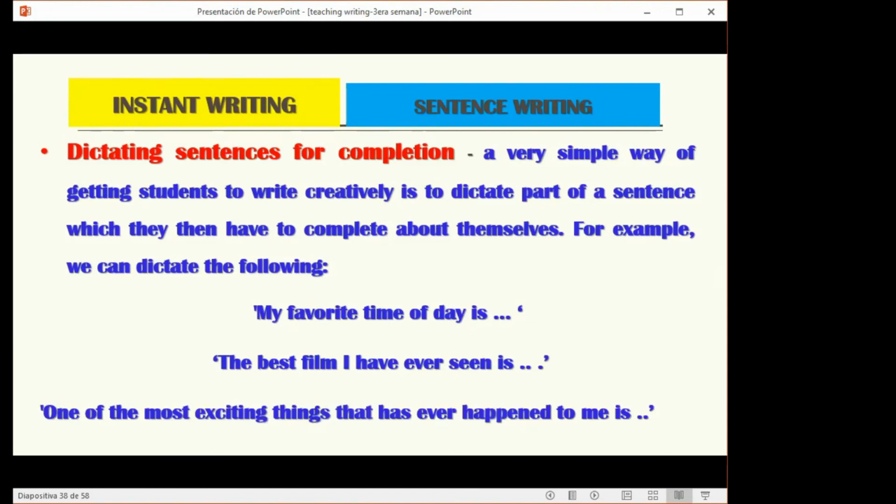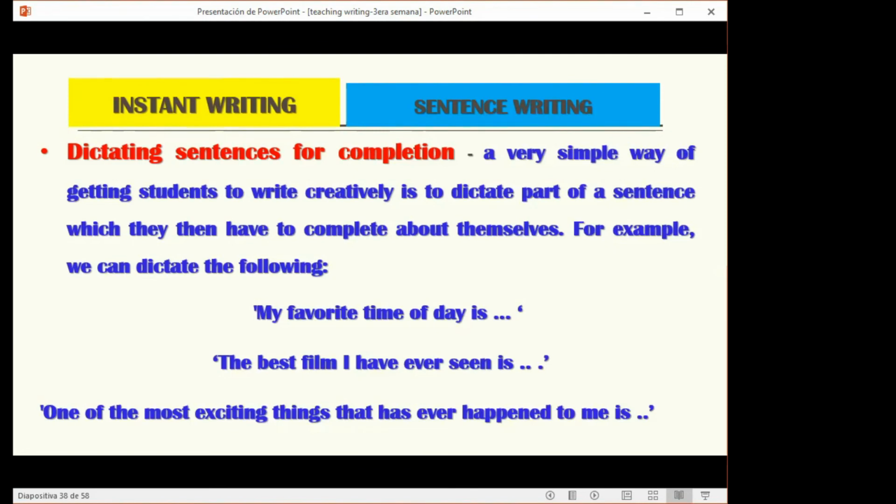One of the most exciting things that has ever happened to me is, and it depends on the level, no? For example, the first sentence is for a more basic level, a simple sentence, but in the other two, you use more complex structures, no? Present perfect with ever, and in the other, the whole clause with present perfect, no? So they need to identify the more complex structures.